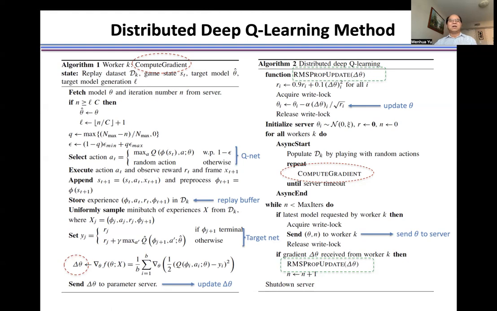The model server holds the complete model, including the Q network and target network, and stores the replay experience on a local hard disk.